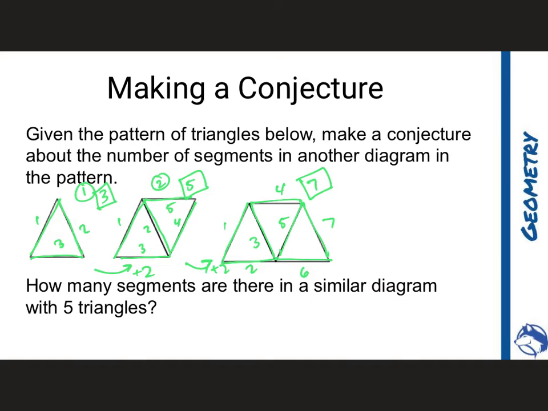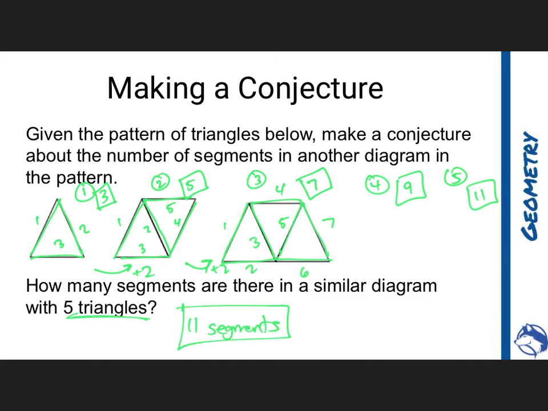Now they're asking us, what if we had 5 triangles? Well, this was 3 triangles, so 4 would be adding another 2, or 9, and then 5 would be 11. So there would be 11 segments. Based on that pattern, I can make that conjecture.